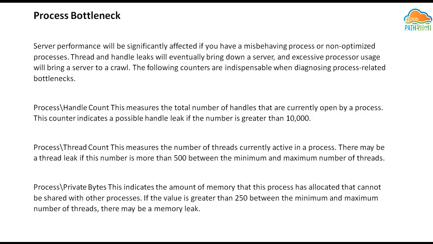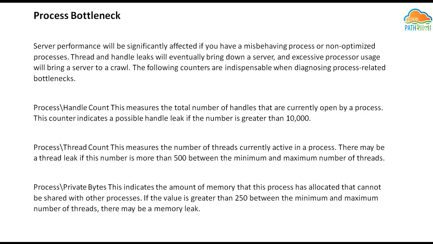For that, I'll recommend going with some data counters like processor handle count. This particular data counter measures the total number of handles that are currently open by a process. As you know, in the Microsoft OS framework, all those processes which are running are running in threads, and if you have those handles greater than 10,000, that means there's something wrong.